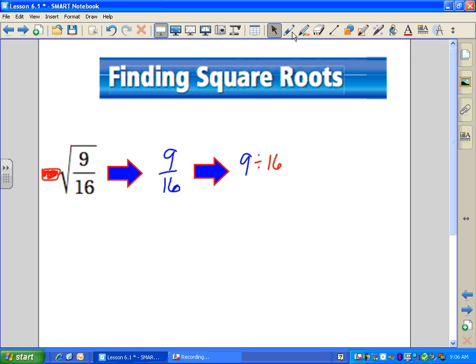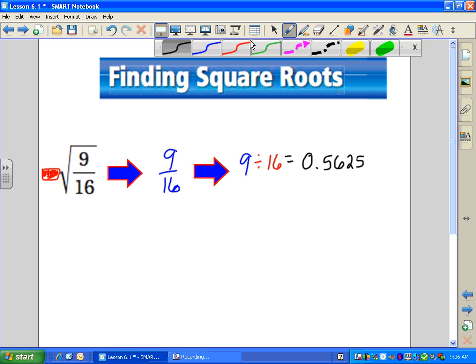And when I do that, I get an answer of 0.5625. Next thing I'm going to do is take my radical sign, my square root sign, and hit the square root button of 0.5625.